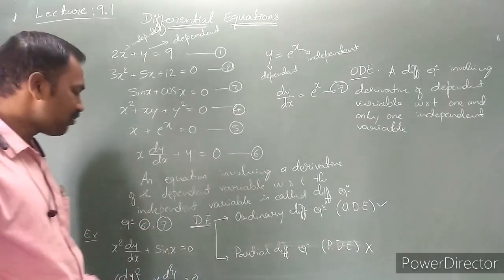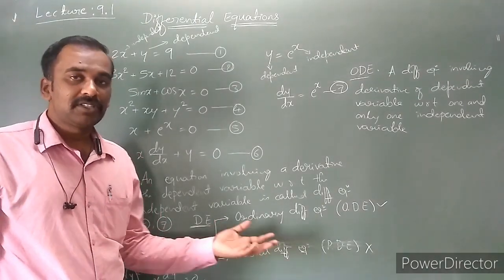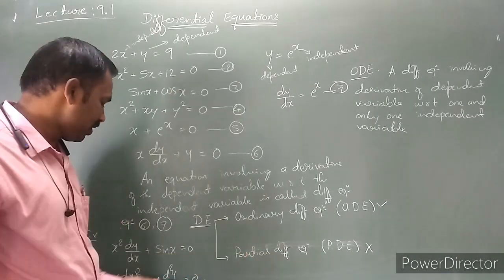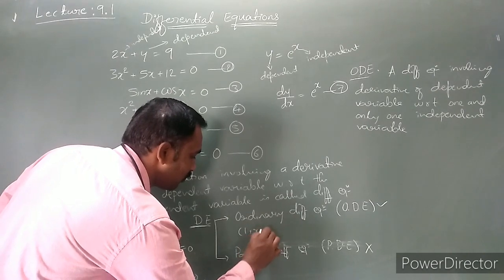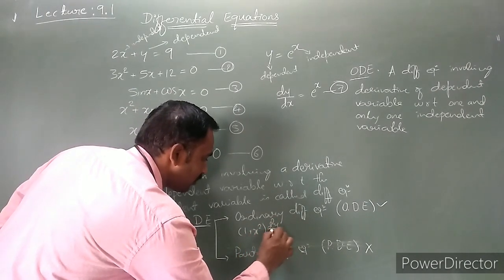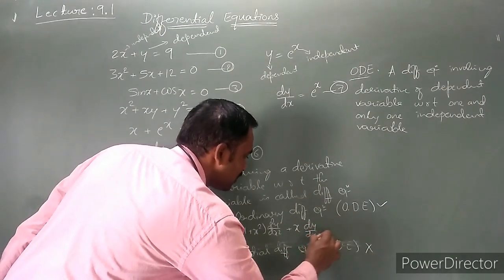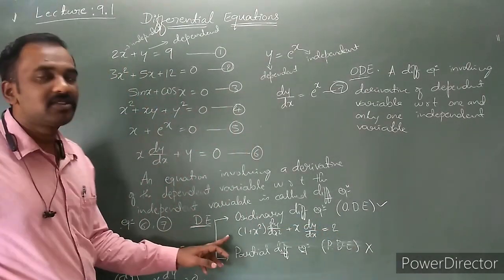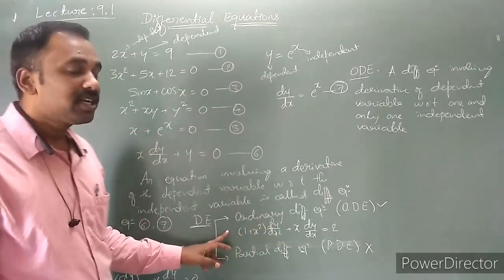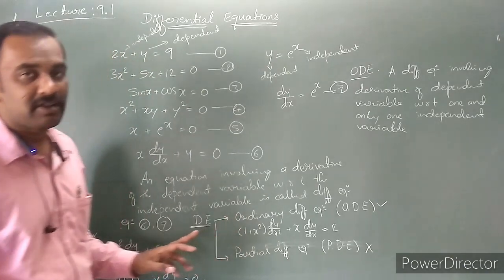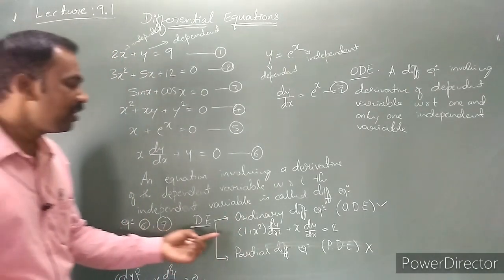For example, in second order derivatives, this type of equation we have already seen: 1 plus x square into d square y by dx square plus x into dy by dx is equal to something. These are all ordinary differential equations.